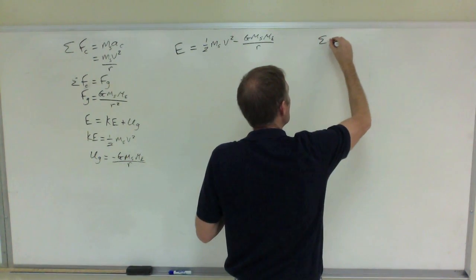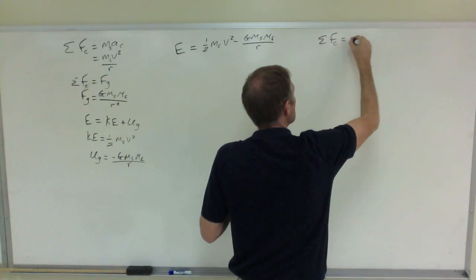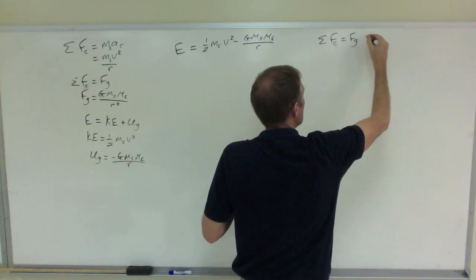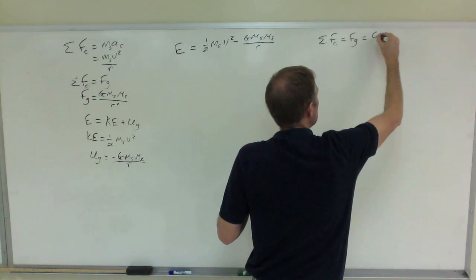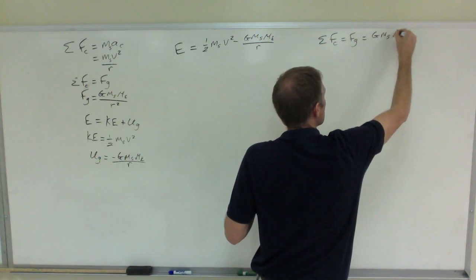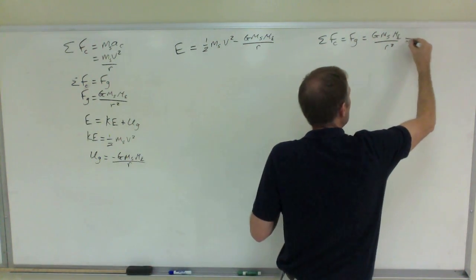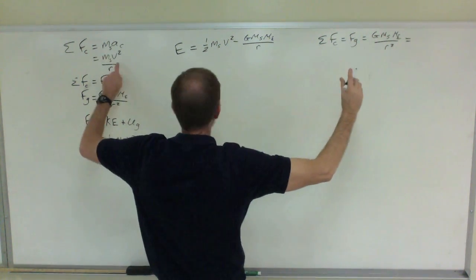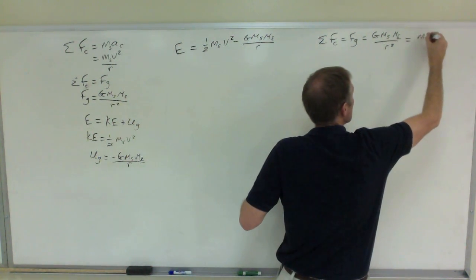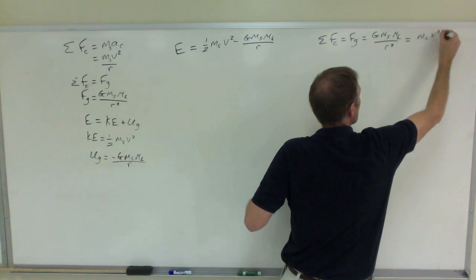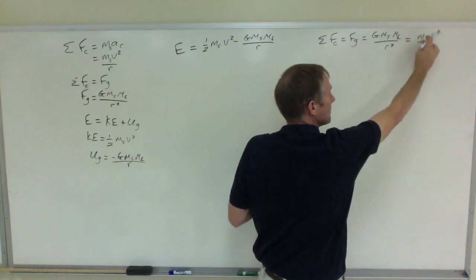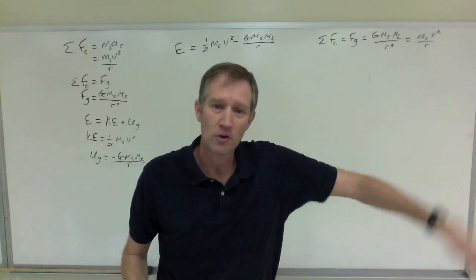So Fc is equal to Fg. Well, we know that that's big G times the mass of the satellite times the mass of the Earth all over r squared. And that equals mv squared over r. Again, the reason why it's the satellite is because it's the satellite that's going in a circle.